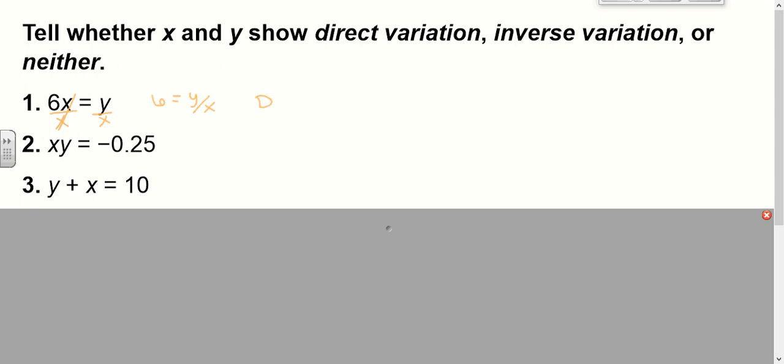That is direct variation, and a is equal to 6. Right here, I have x times y. It's already set up. X times y is inverse variation, and a is equal to -0.25. And the last one has a plus in it. No matter what, when it has that plus, it is neither direct or inverse variation.